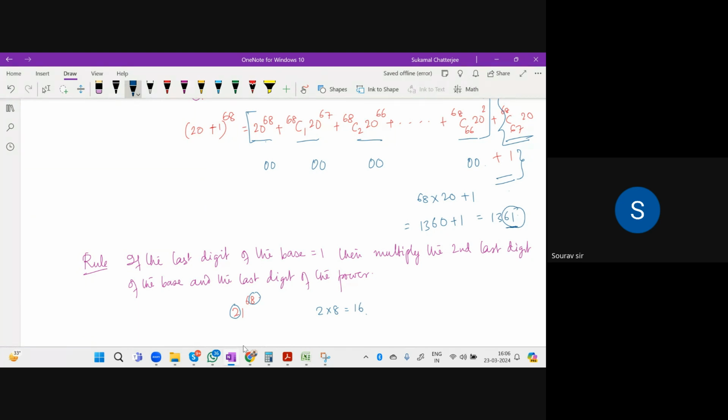So the last digit of this number will be the second last digit of the expansion.